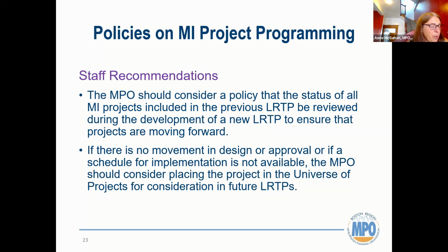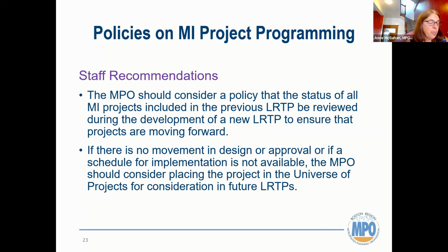And for programming projects in the LRTP, staff also recommended that the MPO adopt a policy that the status of all major infrastructure projects included in the previous LRTP will be reviewed during the development of the new LRTP to ensure that projects are moving forward in their design and approval process.